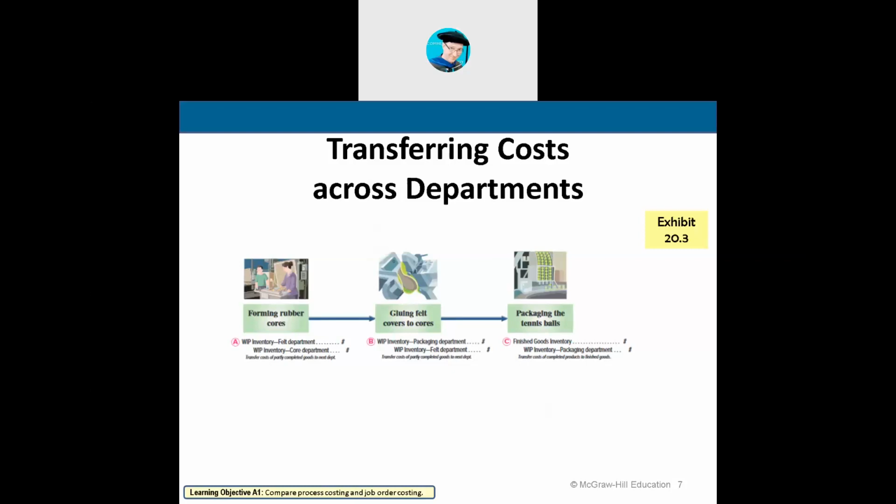What I do is I transfer my raw materials into work in process. And I add in my direct labor. I add in factory overhead. Those costs, direct materials, direct labor, factory overhead, start in the core department.